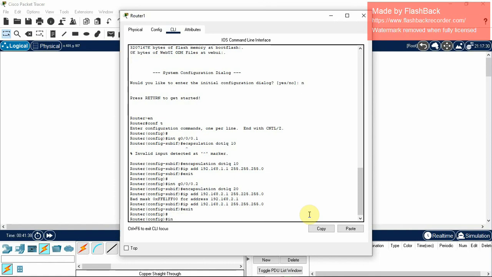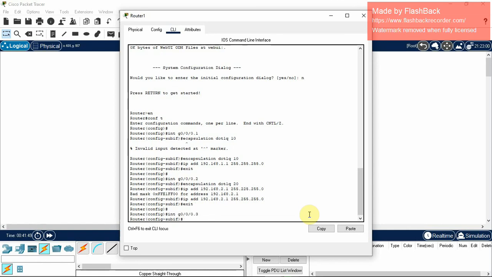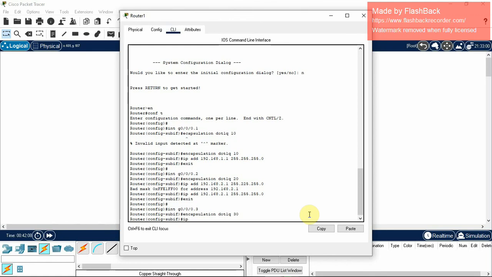Go to the next sub interface, which is G0/0.3. Now here encapsulation, do the same, for the VLAN that it represents, which is VLAN 30. And then now the IP address.